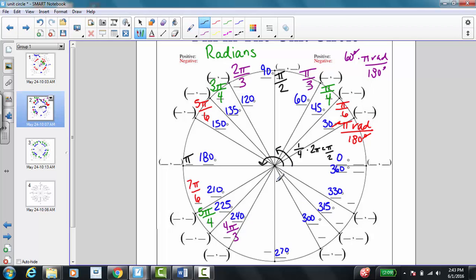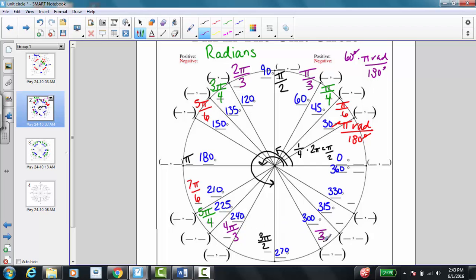Again, talking about this rotation, to get down to 270 degrees, we have traveled 75% around that unit circle. So that's going to give me 3 pi over 2. And now this 4 pi over 3 gets reflected across the y-axis again.